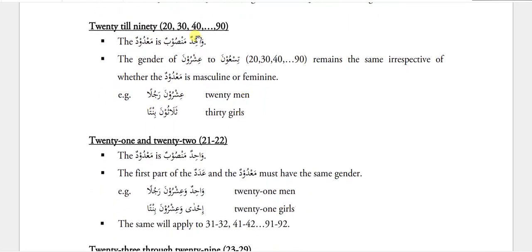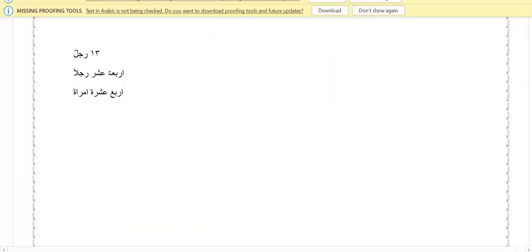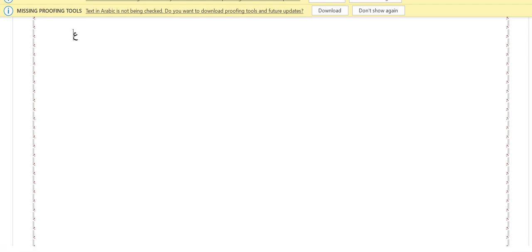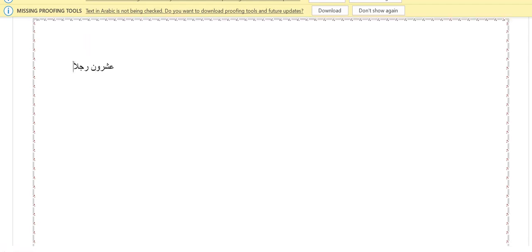Now from 20, 30, 40, 50, 60, 70, 80, 90, the rules are very simple. For example, if you want to say 20 men, you will say ishruna rajulan. The madud will be mansoob and wahid. If you want to say 20 women, again ishruna imra'atan.